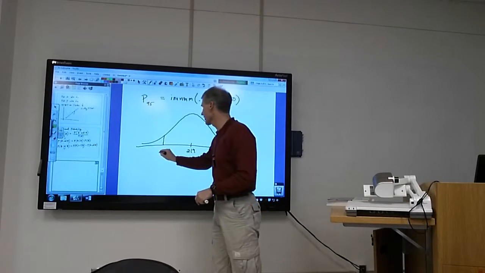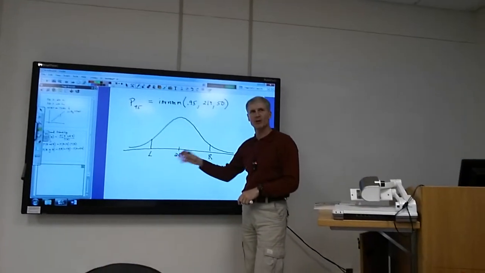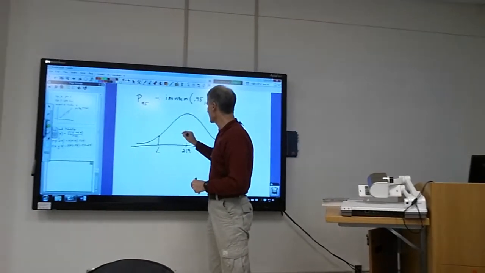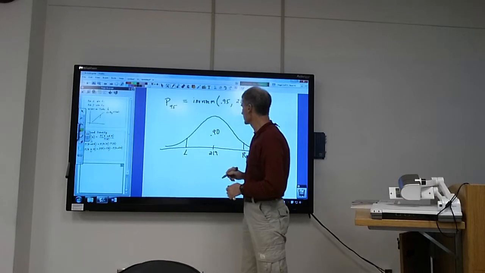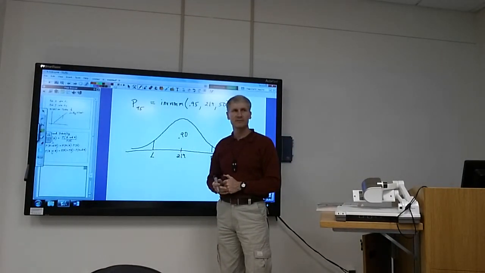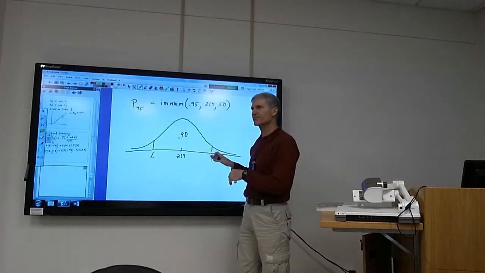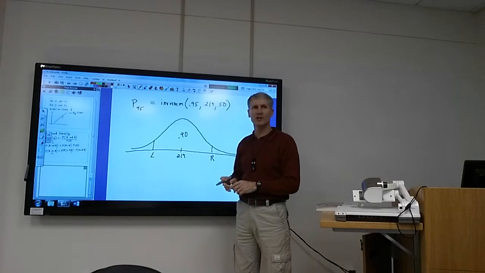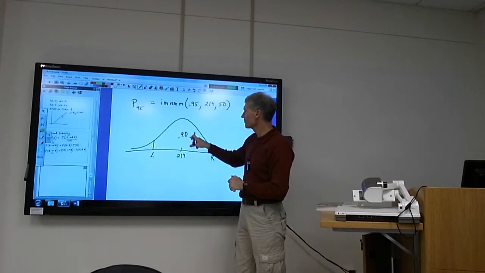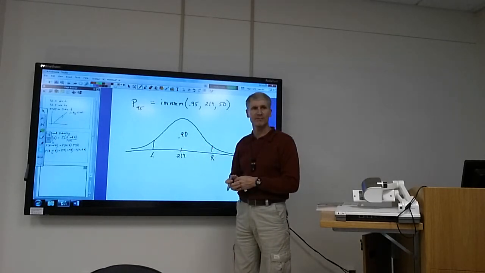So I'm going to call this L for left, this R for right, or I could use lower, upper, or whatever. If I want 90% or 0.90 to be in the middle, how much is not in the middle? 0.1, right? Total area under the curve, by definition, has to be 100% of the probability, or 1. So if 0.9 is between those two numbers, then that leaves 0.1 left over.